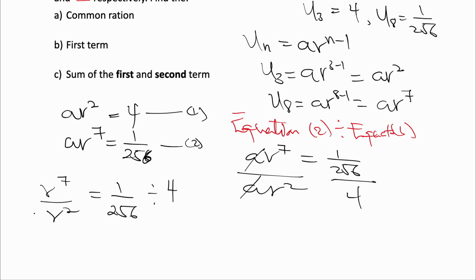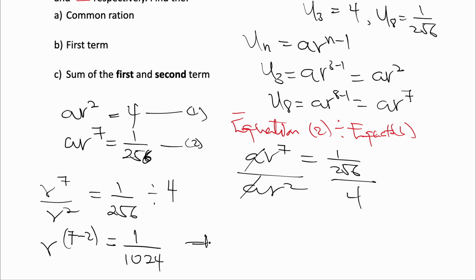Now, in indices, when the bases are the same and they are dividing, we subtract the exponents. So here we have r raised to the power 7 minus 2 is equal to 1 over 256 divided by 4, which gives us 1 over 1024.